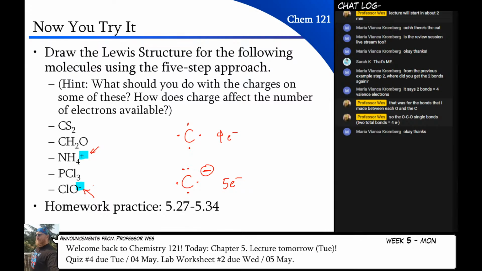Think of the charges just kind of floating over the entire thing, because that's what it is. So somewhere in NH4, there is 1 fewer electron. So instead of counting the number of valence electrons you'd get from just adding the elements together, you would do that and then subtract 1 electron for that plus symbol. For ClO, you do the opposite. You would add all of the electrons from chlorine and oxygen together and then add 1 additional electron for the charge.